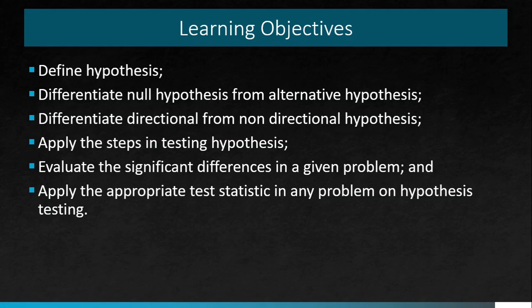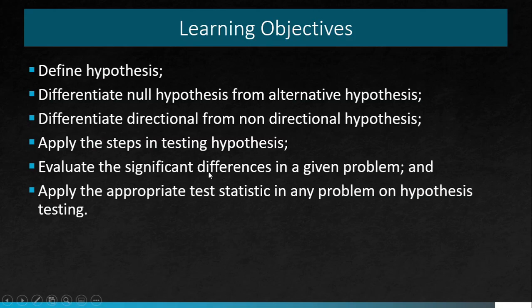And also, I am expecting that you would know how to properly do your testing of hypothesis, in which for this discussion we will just focus on the tests or the evaluation of significant differences.